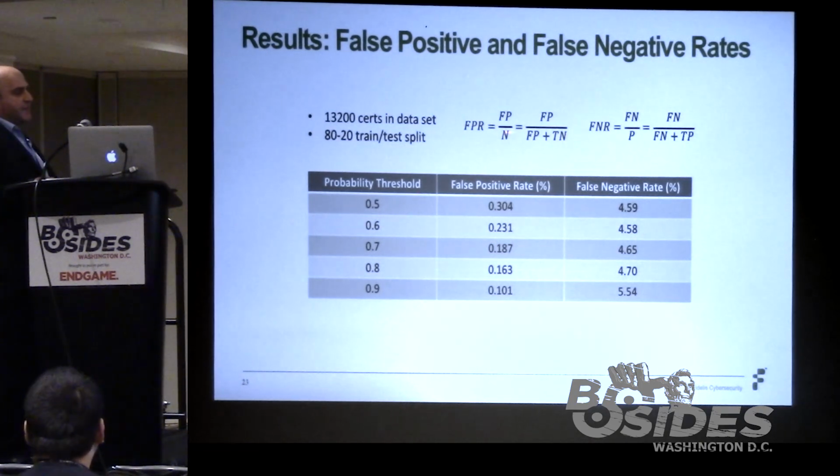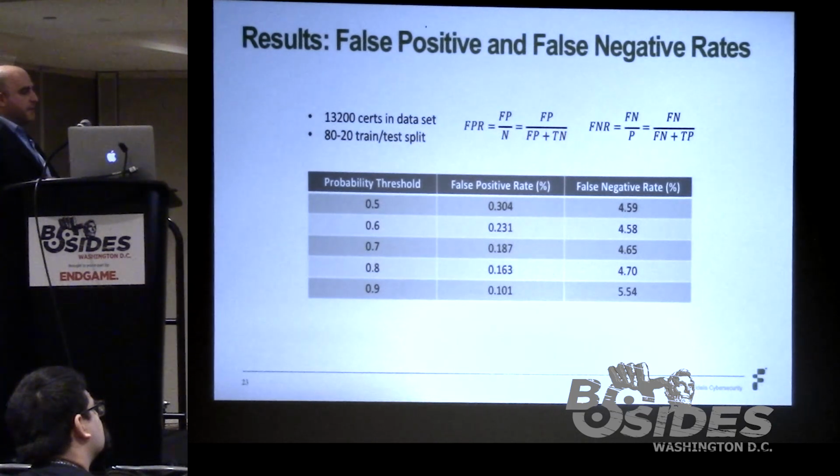Here the negatives are the ones that are truly classified as negative, true negative, and the ones that are classified as positive. The false negative rate is very similar, but the mirror image, meaning the number of certificates that were classified as negative, meaning benign, over the total number of positive certs.